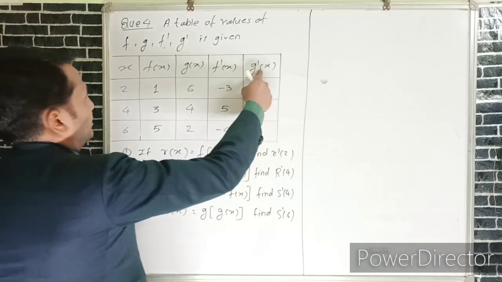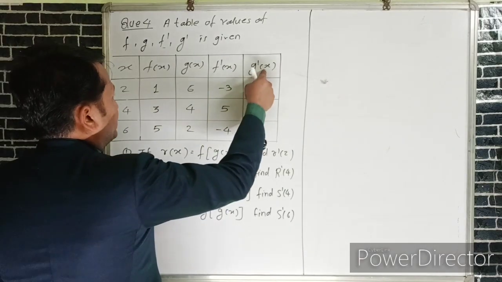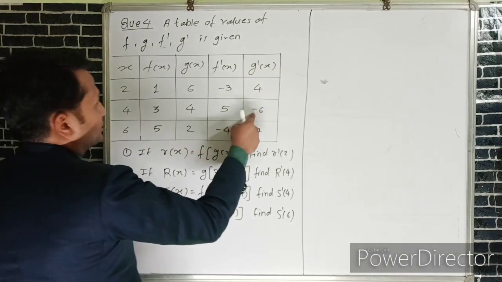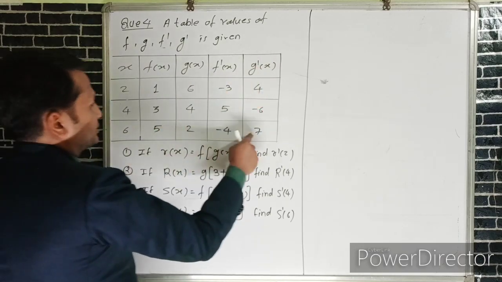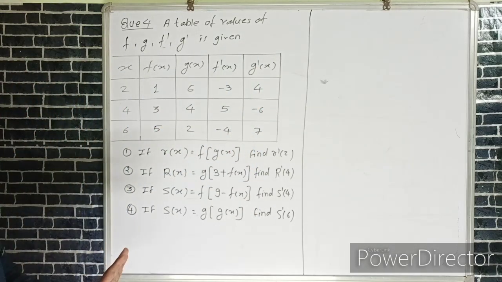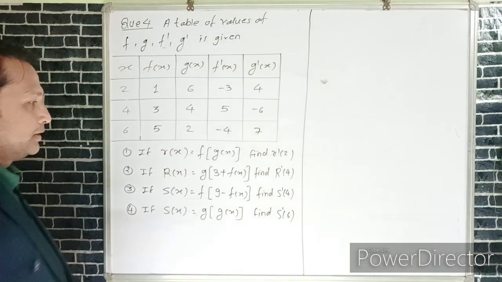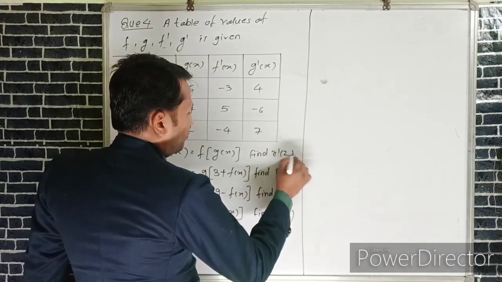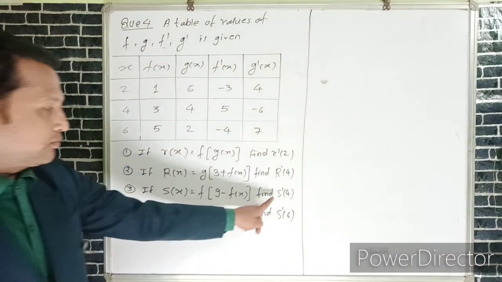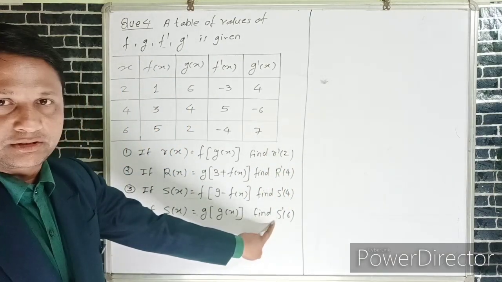Similarly, g dash of 2 is 4, g dash of 4 is minus 6, g dash of 6 is 7. After that, we have to find the value of R dash of 2, R dash of 4, S dash of 4 and S dash of 6.